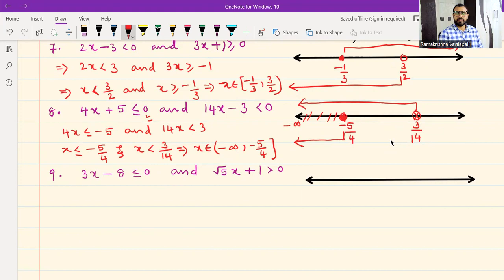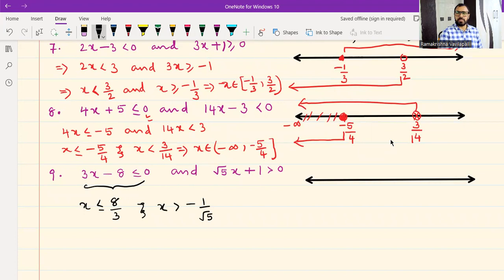One more question, just to make the concept very clear. See here, from this, you can write directly x less than or equal to 8 by 3. Once you understand the concept, you can write very fast. And from this, you can write x greater than minus 1 by root 5.